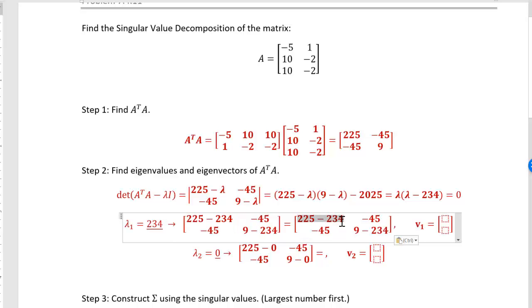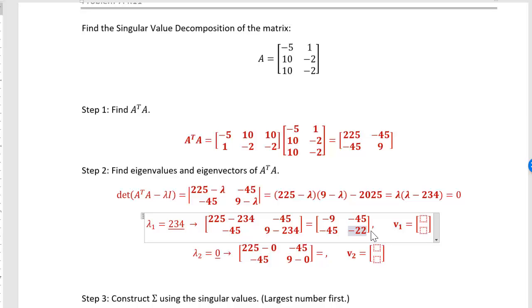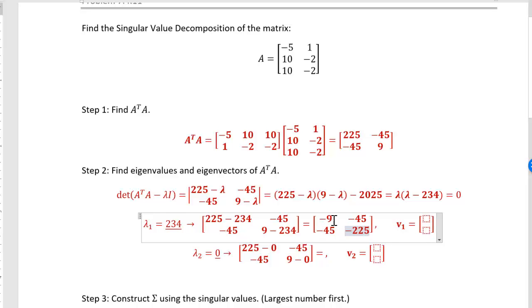we will get this should be equal to negative 9, and this should be equal to negative 225, and then this is all a multiple of 9.